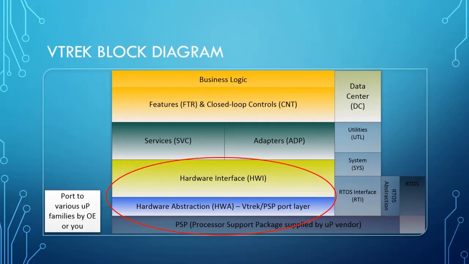And then the hardware interface becomes, compared to a BIOS in the PC world, it standardizes all of the hardware I/O into a set of interfaces that the rest of the Vtrek framework can call upon. And so the HWI is where hardware related variability ends, and everything that you do above that, including the HWI, everything that you do is going to be calling standardized interfaces.